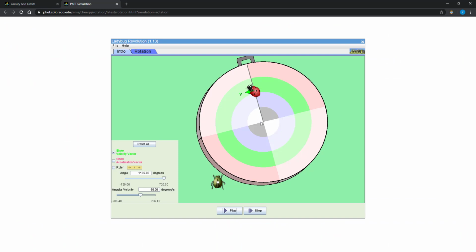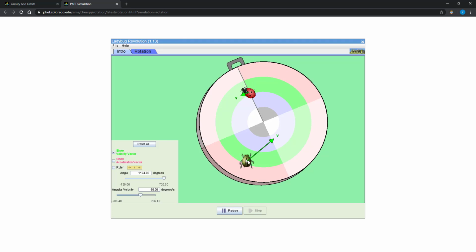This gray region is 1 unit of radius, and the blue region another unit of radius, and the green region another unit of radius. This faded orange color, red, is another unit of radius. So at the moment, the ladybug is 2 units of radius away from the center.